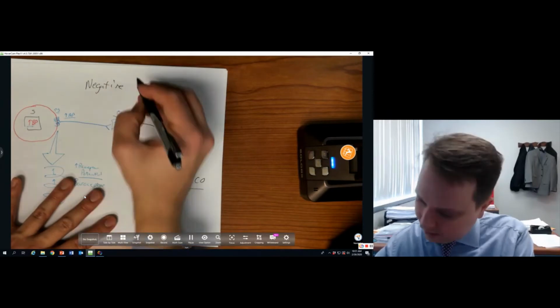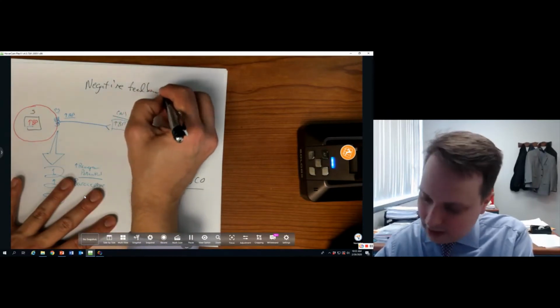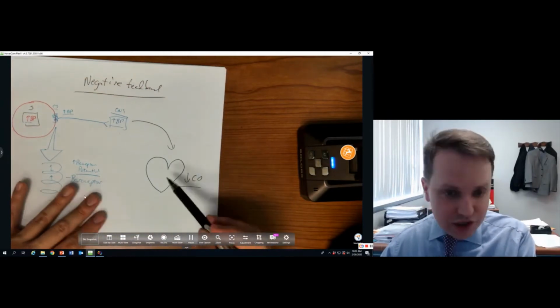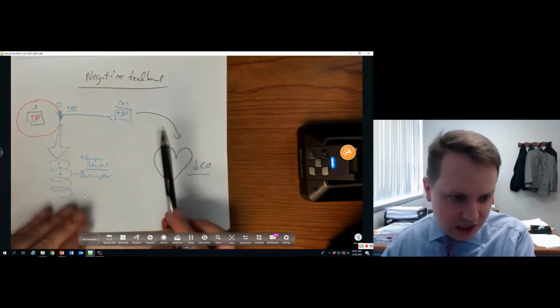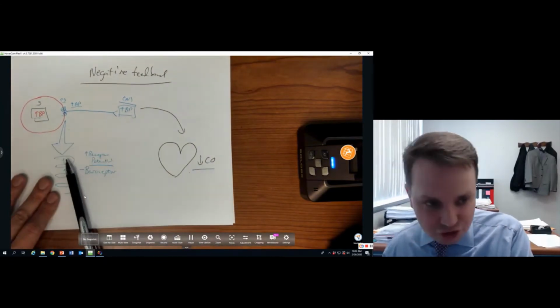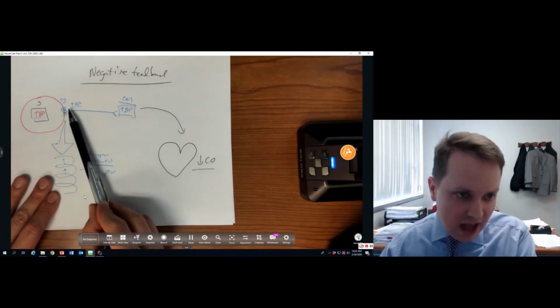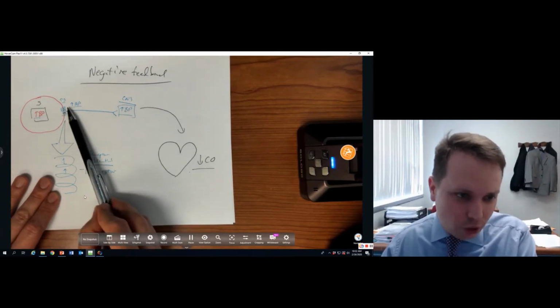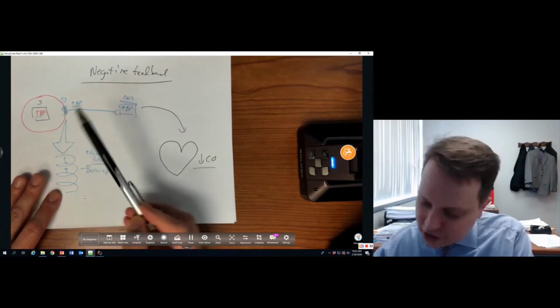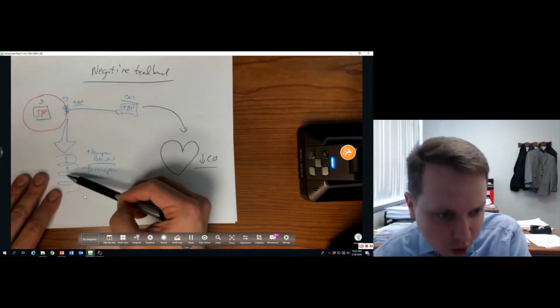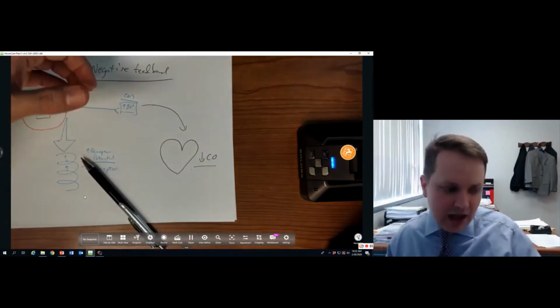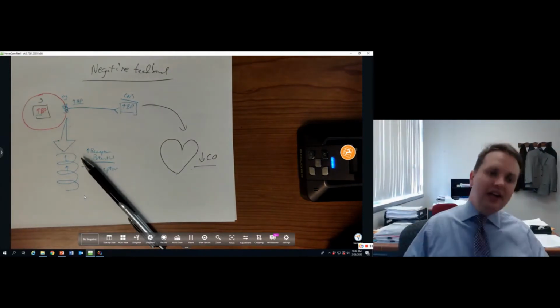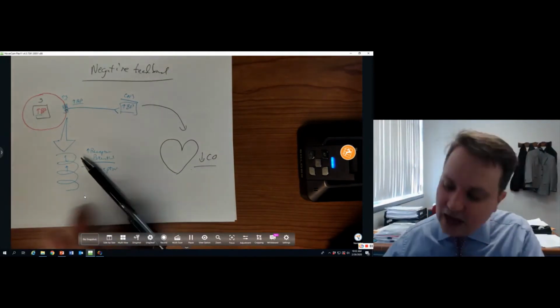Okay, negative feedback mechanism. So what we're going to do is use this extra stretching of the aorta, carotid arteries, atrial wall. When it stretches, think of it as pulling apart a coil or a spring and stretching it, it acts to stimulate it. Kind of think of it like that.